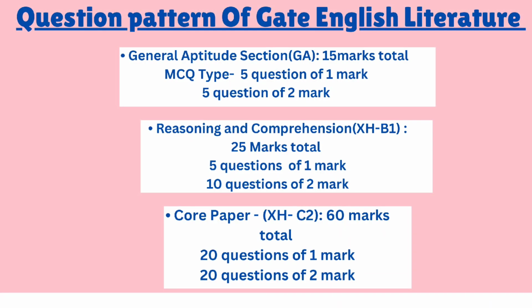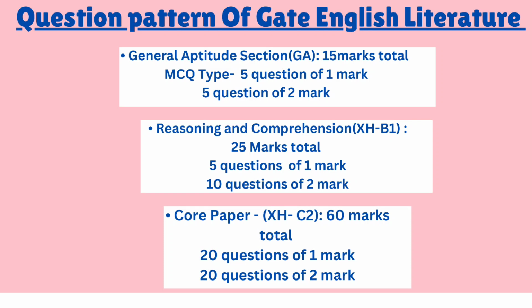Now, let's see what the question pattern of the GATE English Literature exam is and in how many sections our paper will be divided. Mostly 3 sections are there: the General Aptitude section, then Reasoning and Comprehension, and then our core paper. If we first talk about the General Aptitude section, denoted by GA, there will be 15 marks in total and it will be mostly MCQ type, where 5 questions will be of 1 mark and 5 questions will be of 2 marks.